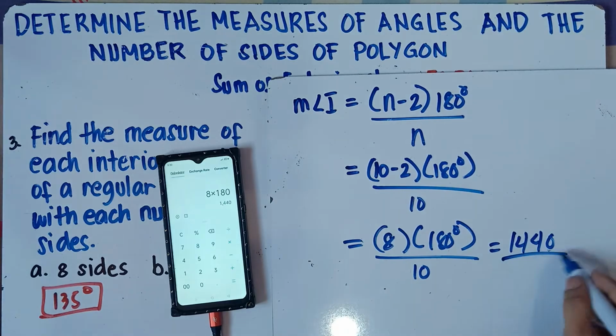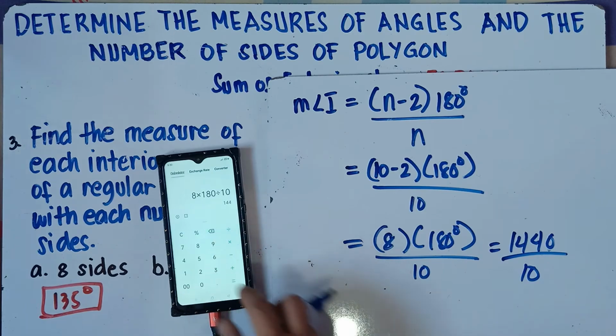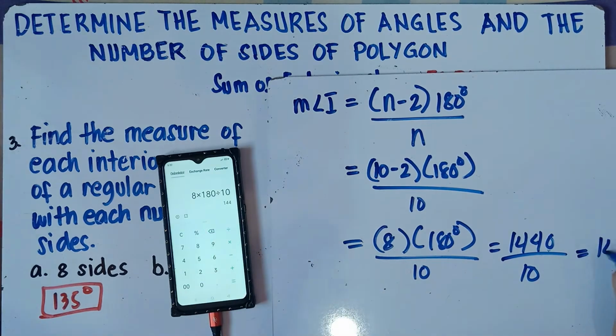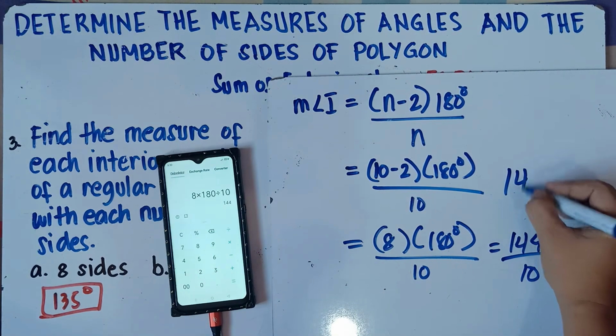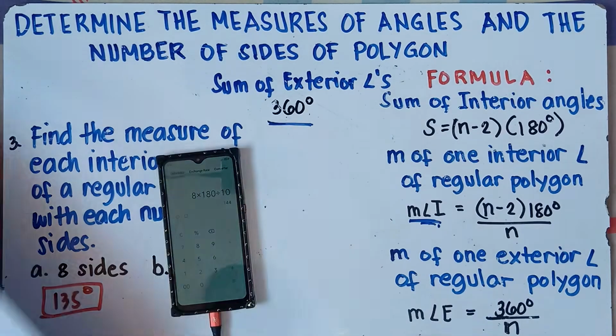And then we divide it by 10. This will be 144 degrees. So each interior angle of a regular decagon is 144 degrees.